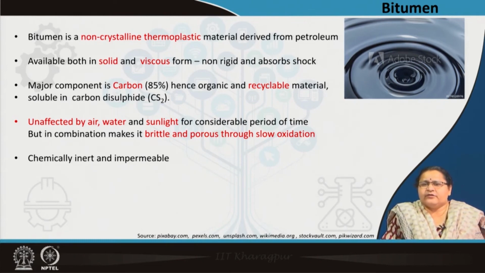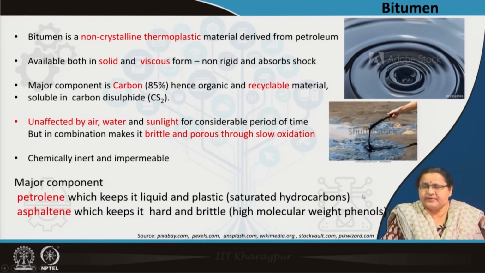So, it is a kind of very thick crude oil. Naturally occurring, it may be bitumen in the form of lakes. I think there is a picture, you can see this is a bitumen lake, and you have to use this bitumen for your purpose.